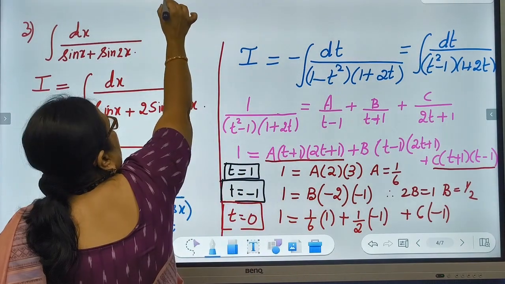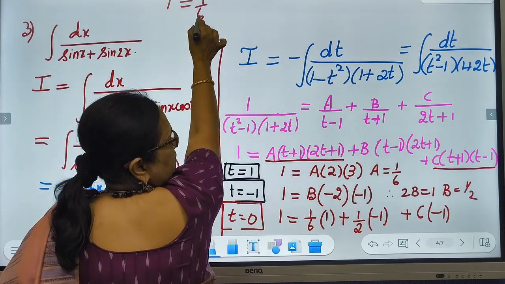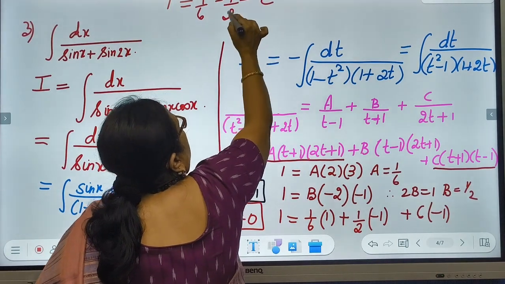Therefore, from this you get 1 equal to 1 by 6 minus half minus c.